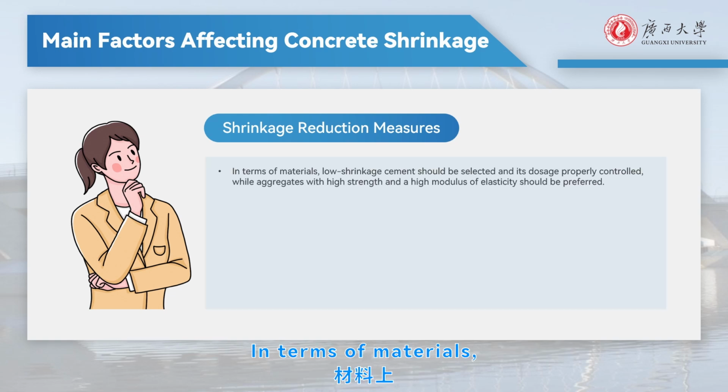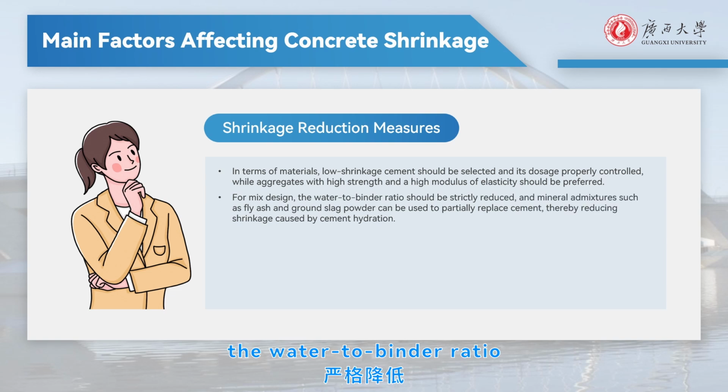In terms of materials, low shrinkage cement should be selected and its dosage properly controlled, while aggregates with high strength and a high modulus of elasticity should be preferred. For mix design, the water-to-binder ratio should be strictly reduced, and mineral admixtures such as fly ash and ground slag powder can be used to partially replace cement, thereby reducing shrinkage caused by cement hydration.